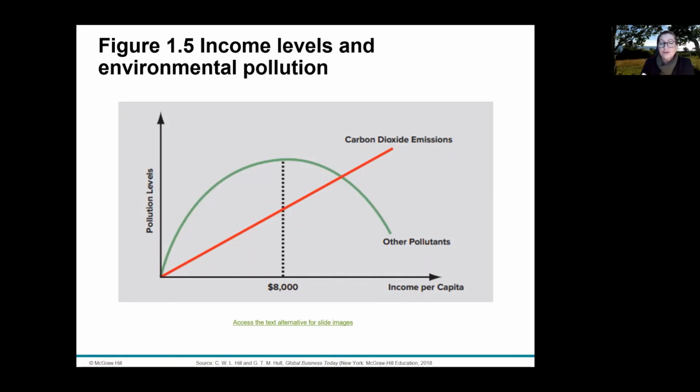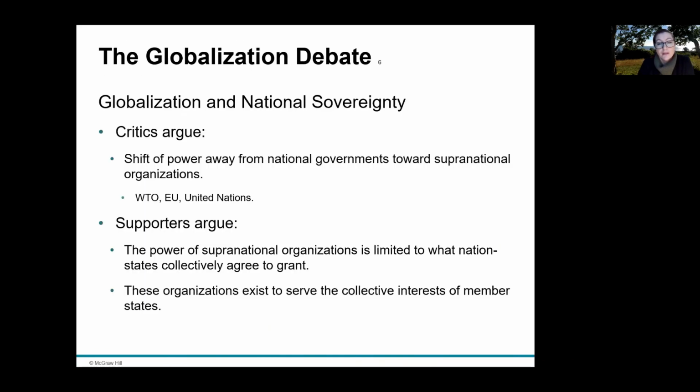So the other pollutants that they're talking about there are, for example, sulfur dioxide or lead.